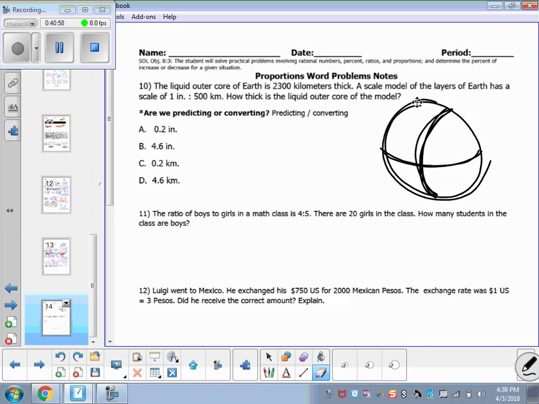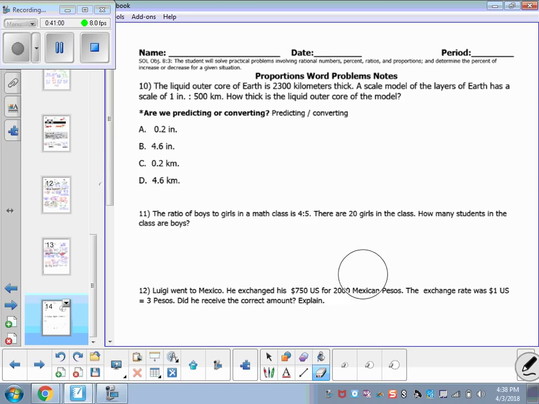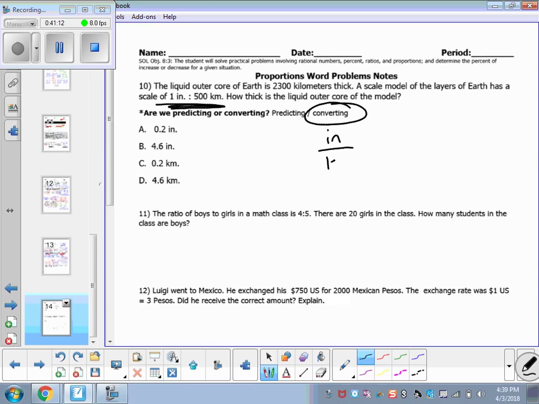And there's a scale model of the Earth that uses the scale 1 inch for every 500 kilometers. All right? So we're converting inches to kilometers, and we've been given that one inch represents 500 kilometers. So how many inches in our model represents the 2,300 kilometers of that layer in real life?